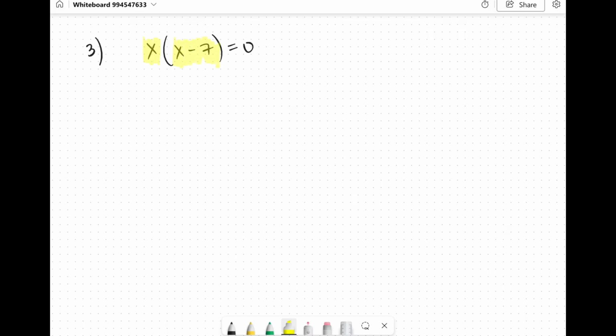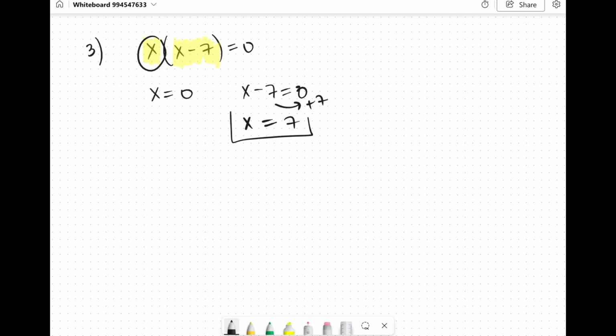Do not distribute the x because it's counterproductive in this case. This equation is set up for you to make every factor equal to 0. So you make your x equal to 0 and your x minus 7 equals 0, which creates the x that is a 7. Those are your two answers.